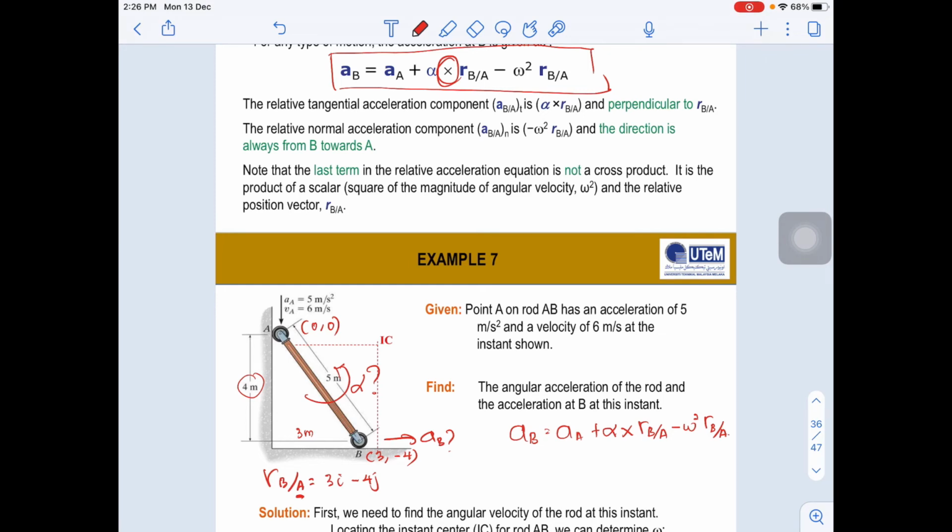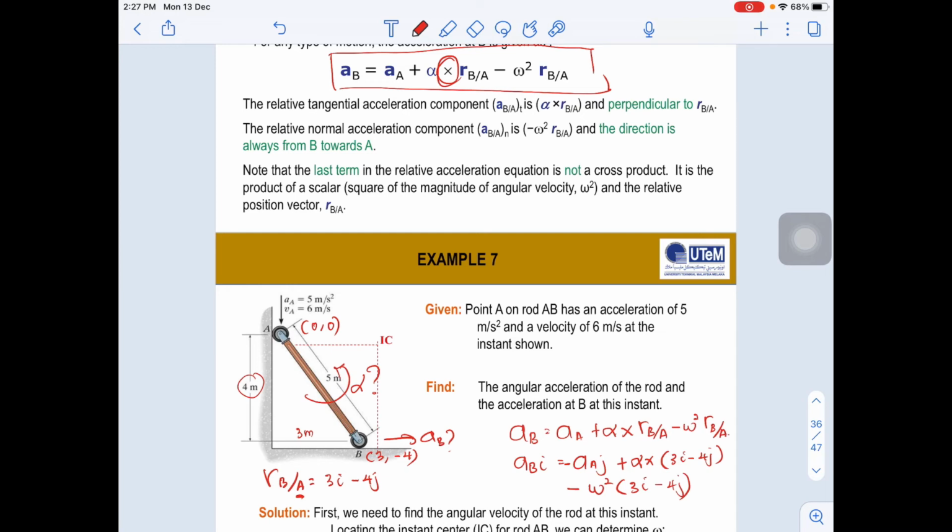Alright. So now you need to find what is omega. So AB is still AB. AB to the right, so I is equals to AA to the bottom, J minus, AA ke bawah, plus alpha times 3i minus 4j, minus omega squared 3i minus 4j.